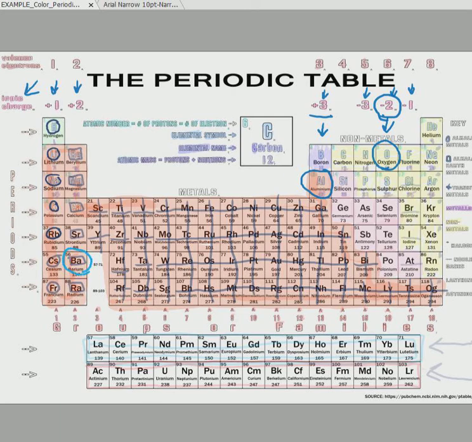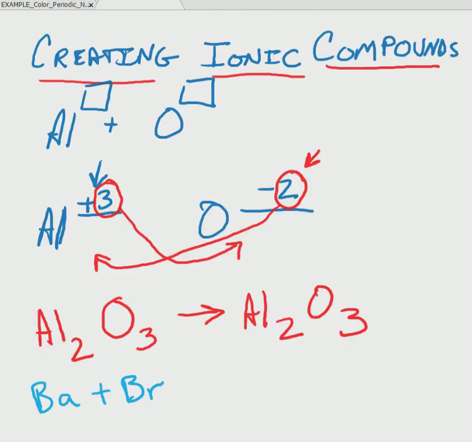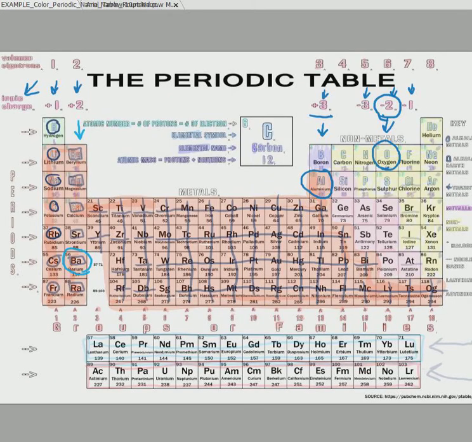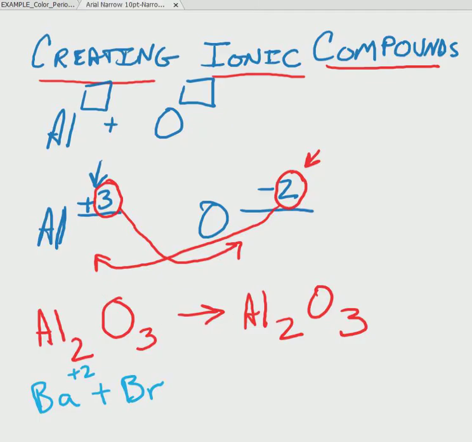It is in group 2, so we're going to be looking at a +2. And then bromine is way over here on the periodic table. It's in group 17, and bromine has a -1. So metals are going to have a positive charge, non-metals are going to have a negative charge.